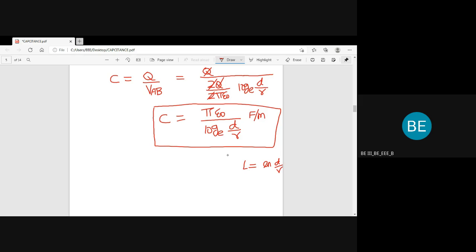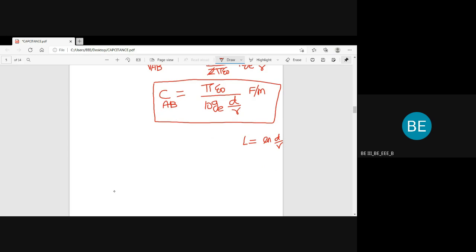So here it is ln of d by r again. This is the capacitance between conductors A and B. So if it is between two conductors, the formula is pi sigma naught divided by ln of d by r farad per meter.